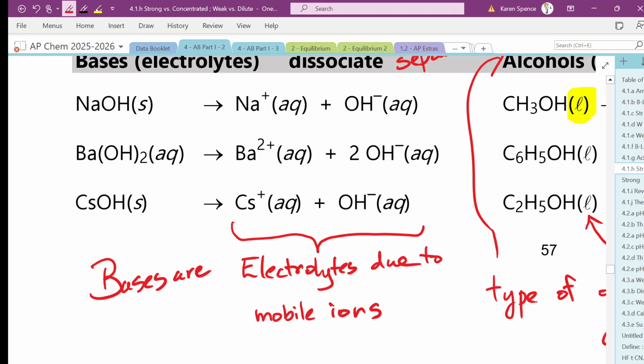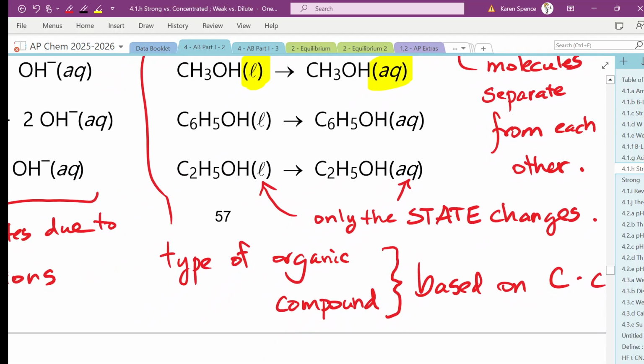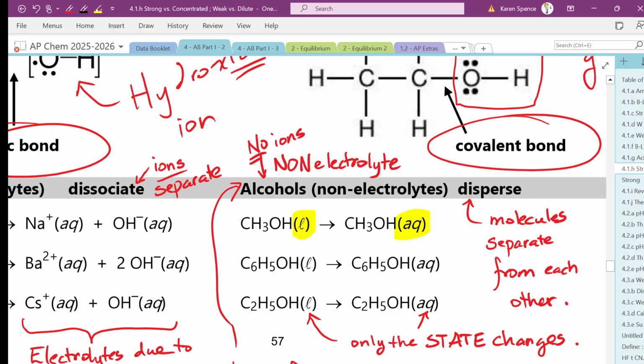So bases are electrolytes due to mobile ions. Are alcohols electrolytes? No. Alcohols, no ions. Non-electrolytes. I probably have something about this on the next page anyway. Let's see if I do.